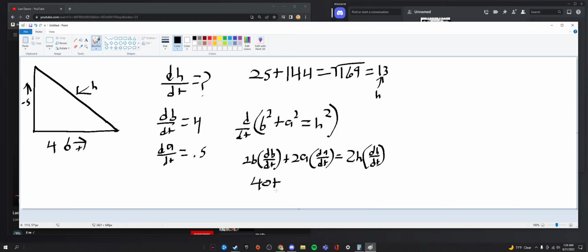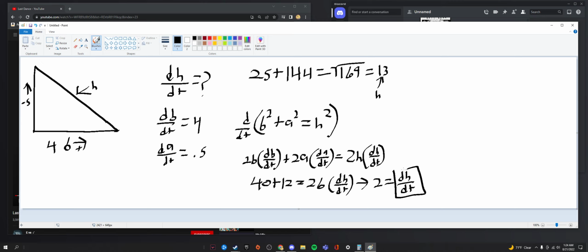And 24 times dA on dt, which we said was 0.5, gets you 12. 12 is equal to 2h. 2 times 13 is 26. 26, and then we have dH on dt, which we still don't know. Simplify this equation out a little bit, we would eventually get, well, 40 plus 12 is 52. 52 divided by 26 is 2. So we get 2 is equal to dH on dt.